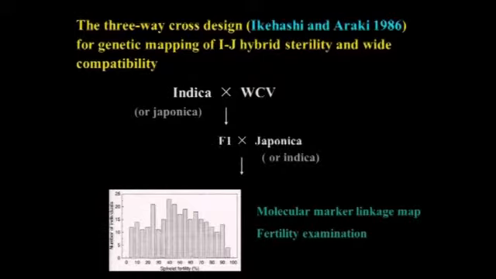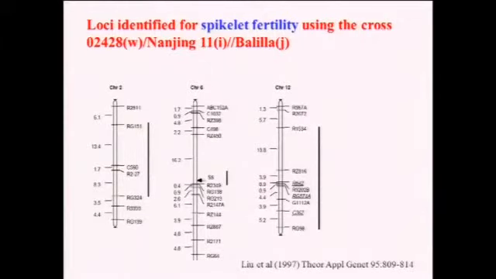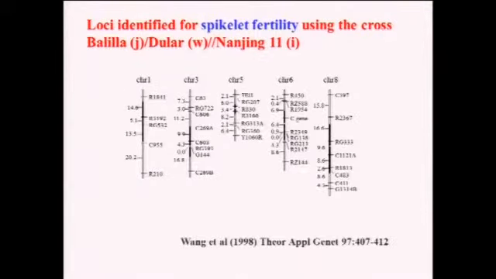later on, using a molecular marker linkage map to evaluate this. In one of the crosses we have been working on, this is what we got. We mapped one locus. Actually, I got ahead of myself. This locus appeared in this cross. In this cross, we mapped this locus called S5 on chromosome 6, although there were also some minor effects on other chromosomes. And then we used different germplasm to do much the same thing.